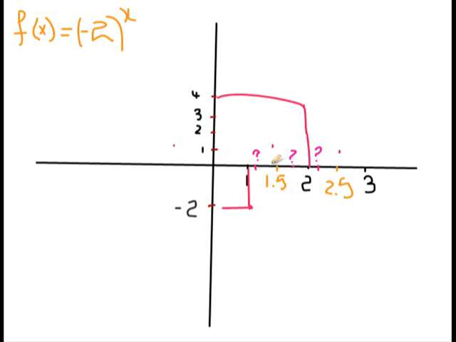So there are a lot of values between those two integers, between 1 and 2, like 1.5, for which you're not going to have any result. It's the same between 2 and 3. There are a lot of values here for which you will not have any result.